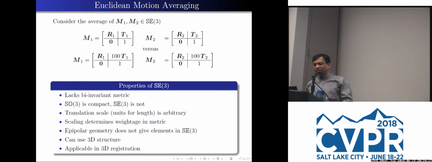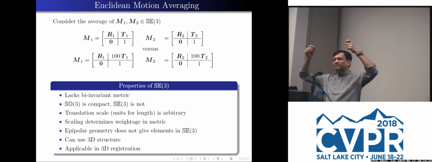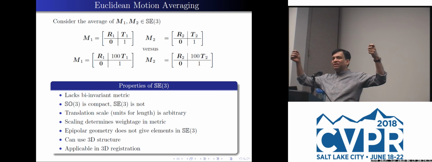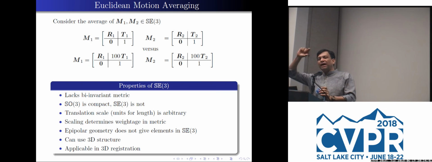There is another problem with the scale issue. If you remember, when we looked at the rotation case, the intrinsic distance between R1 and R2, let's say given two rotations, is what did we do? We did a left invariant shift, and then we measured the distance between the identity matrix and R1 inverse R2, right?